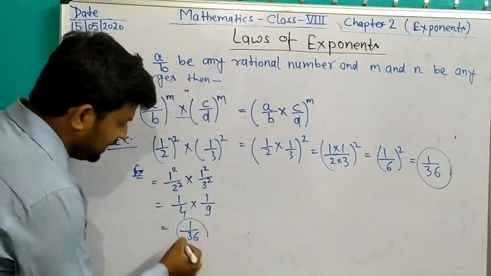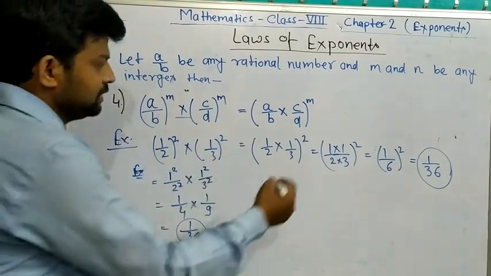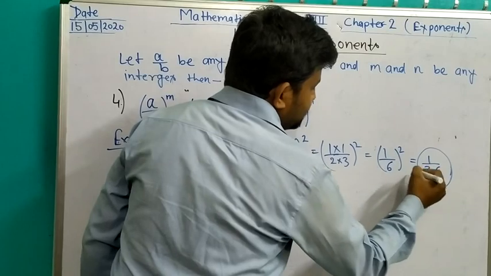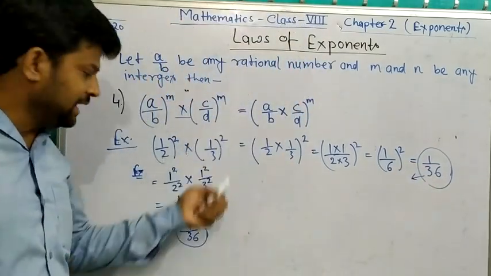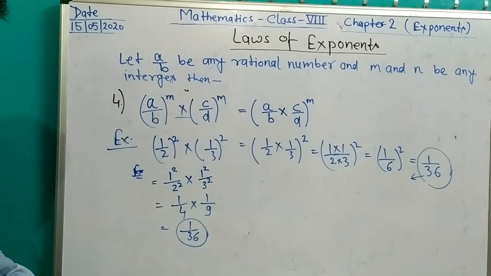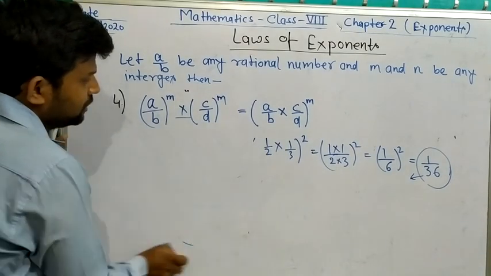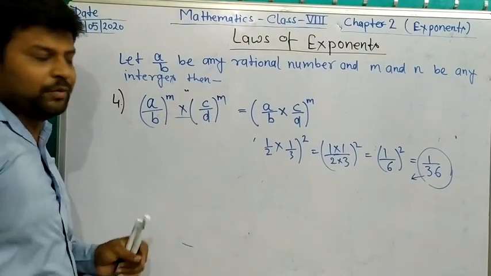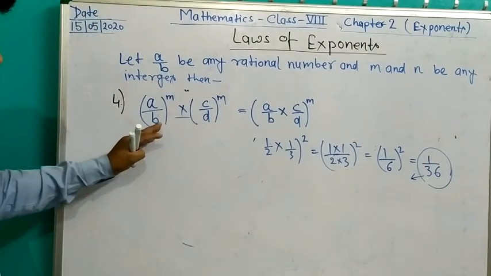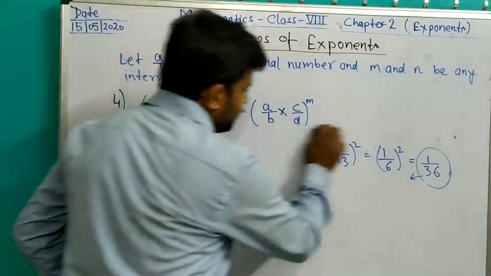This answer and this answer are both the same, but this one is our manual method. This property is for large numbers. When large numbers are given, then we apply this property.